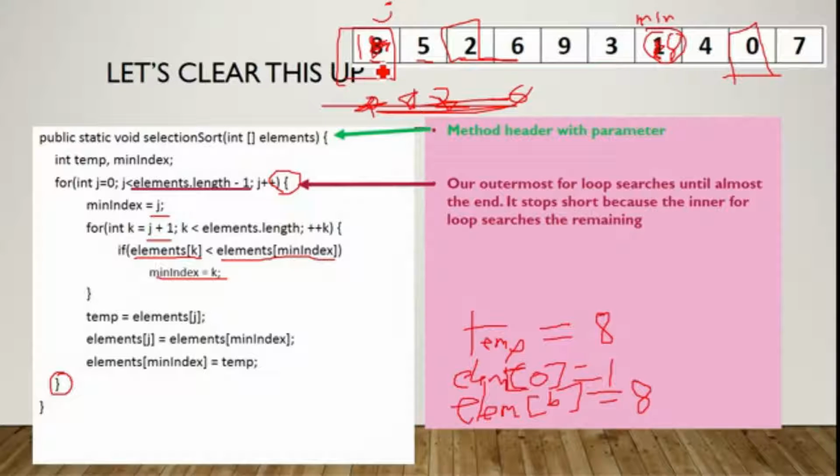It takes each element in the array and swaps it with the smallest element that it can find to the right. And yes, that's true, to the right, because when you go up to j++ again, j is now going to be equal to 1, so it's up here now. And then k is going to be j plus 1, so it's going to search through all the rest of these.